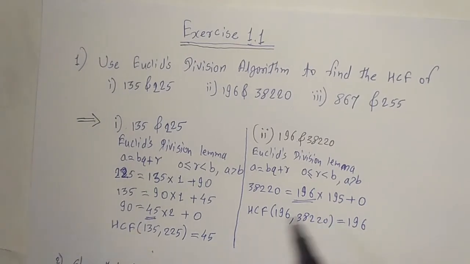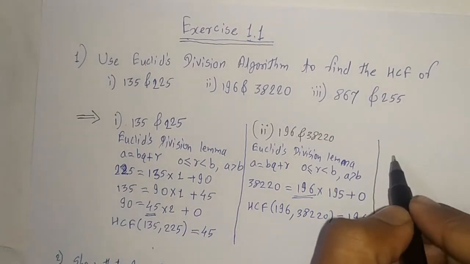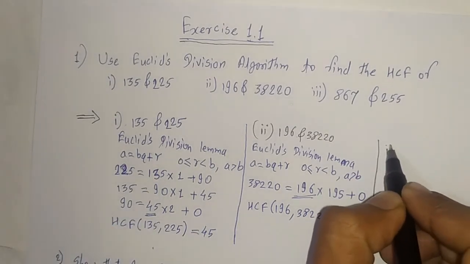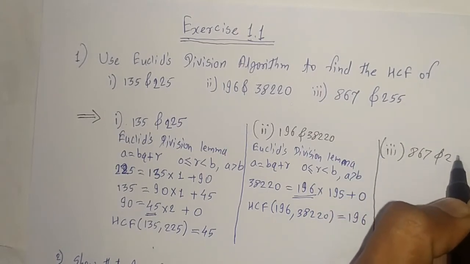Now let's look into the third problem: 867 and 255.